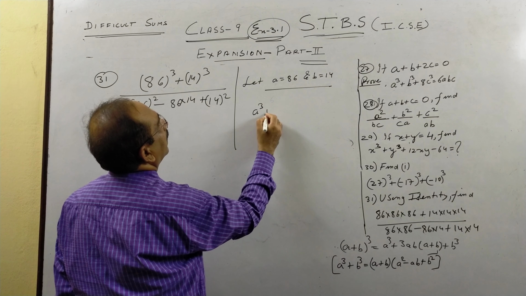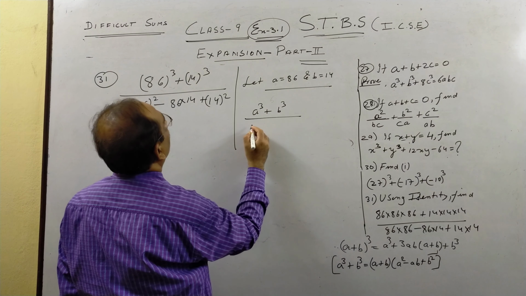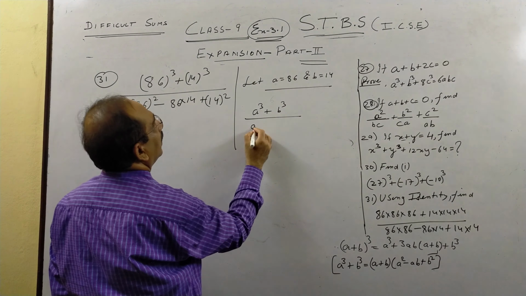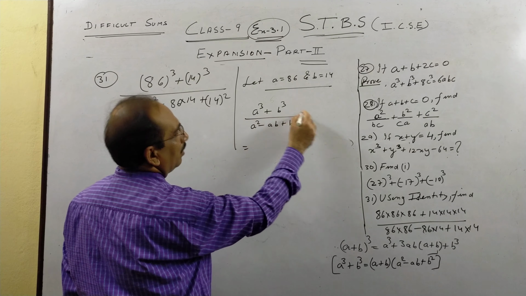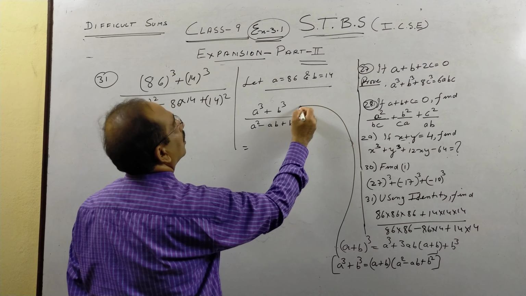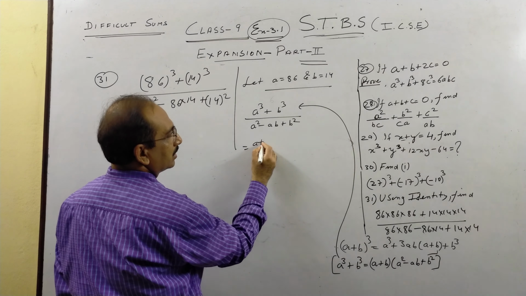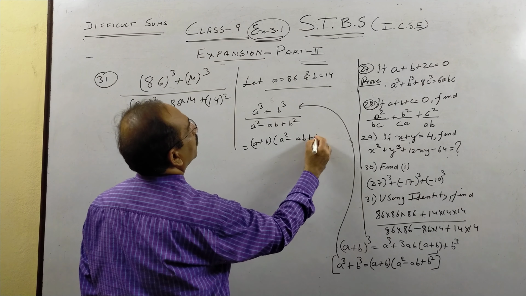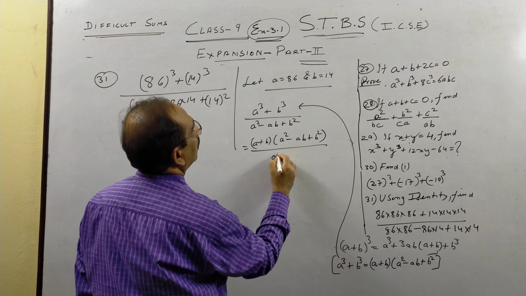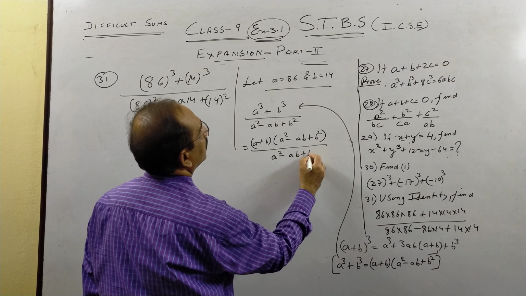So what do we get? A cube plus B cube by A square minus AB plus B square. If you expand by the last formula, we get A plus B, A square minus AB plus B square, over A square minus AB plus B square.